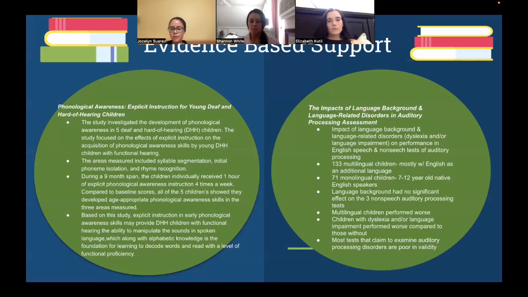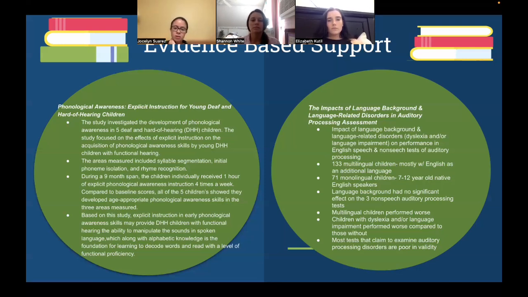What the study found was that language background did not have a significant effect on the 3 non-speech auditory processing tests, but the multilingual children performed worse in their second language. And children with dyslexia and/or a language impairment performed worse compared to those without those types of language-related disorders.